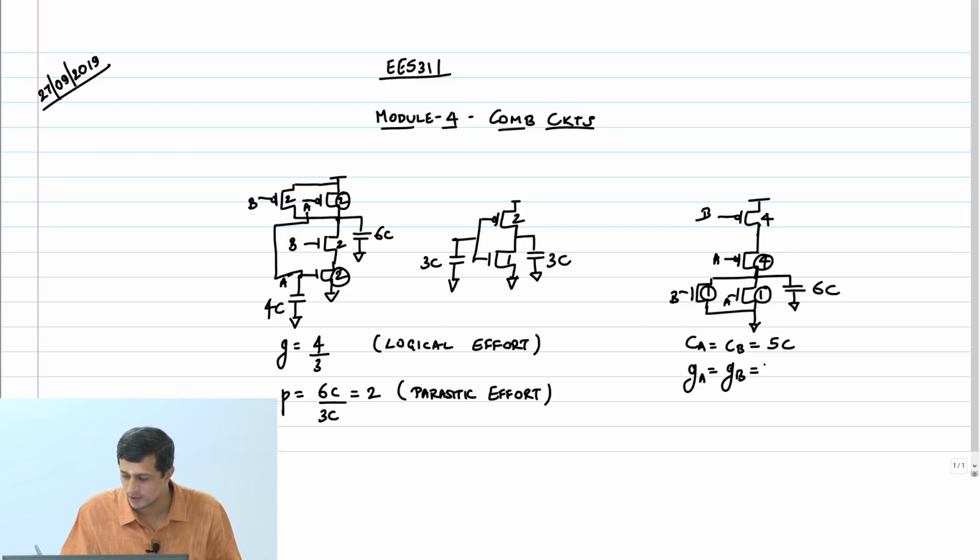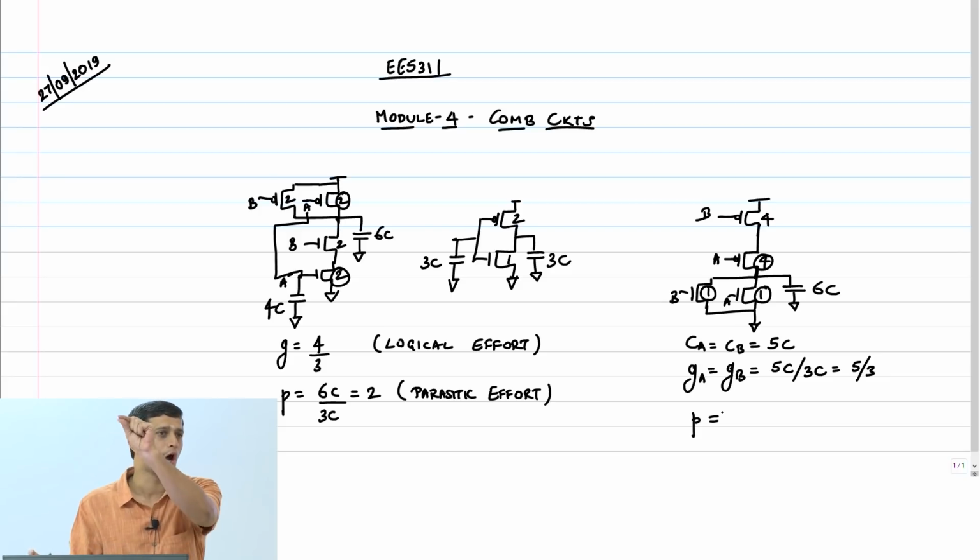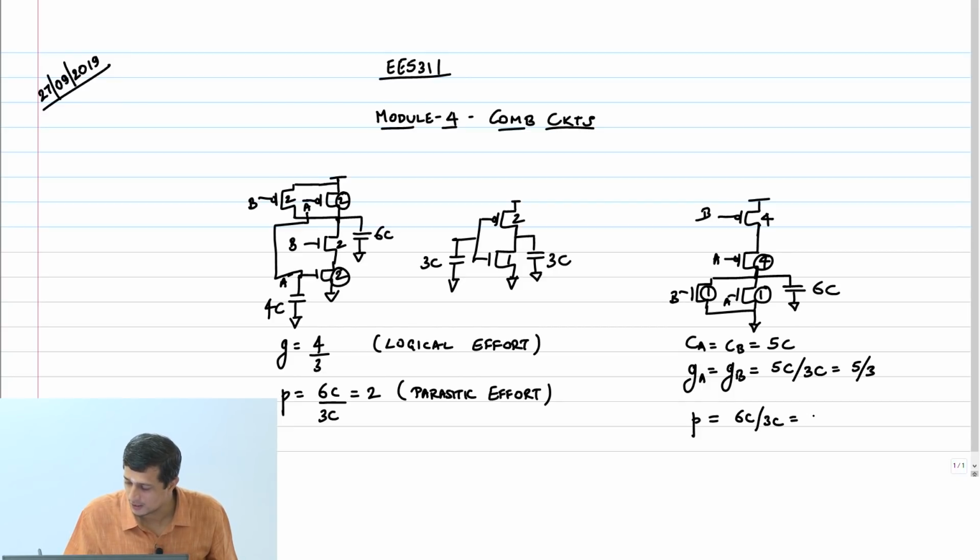GB equals how much? 5C divided by 3C, that is 5 by 3. And parasitic effort is obviously not dependent on the input, it's only the output diffusion capacitance that we are counting, right. P is going to be 6C divided by 3C, you get a parasitic effort of 2.